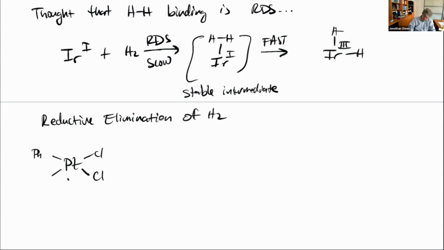This guy, Bill Trogler, took platinum chloride and reduced it using sodium naphthalenide and hydrogen.